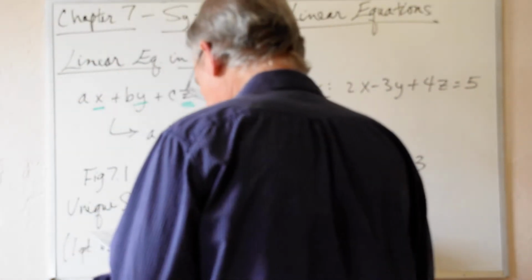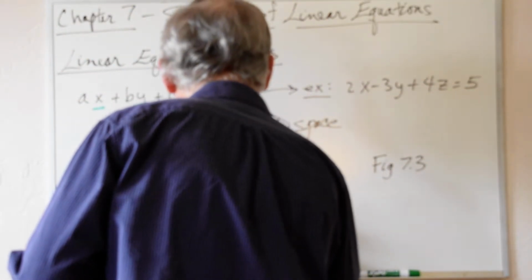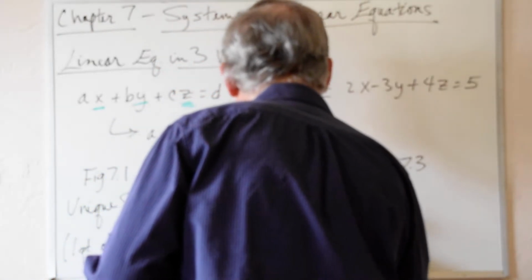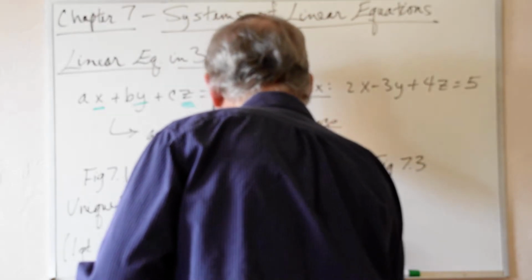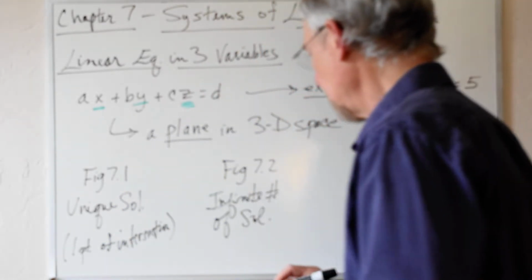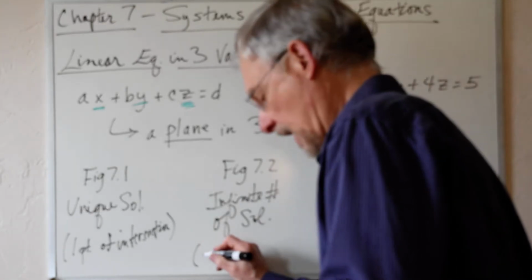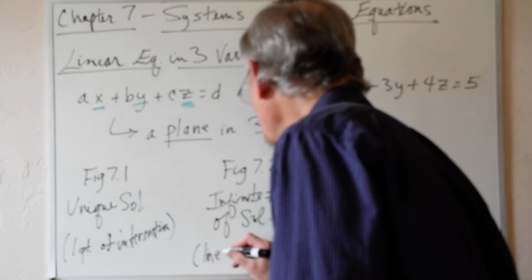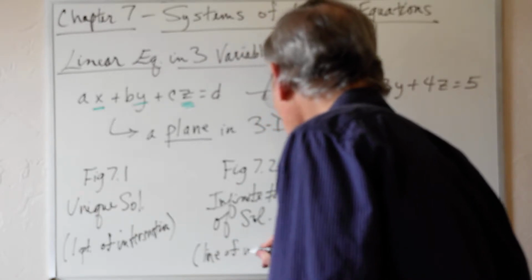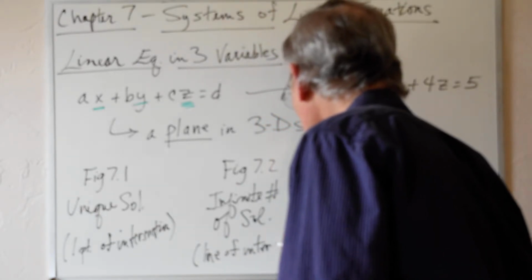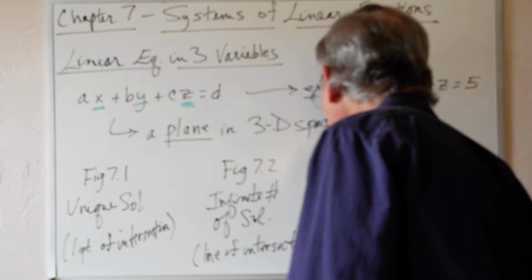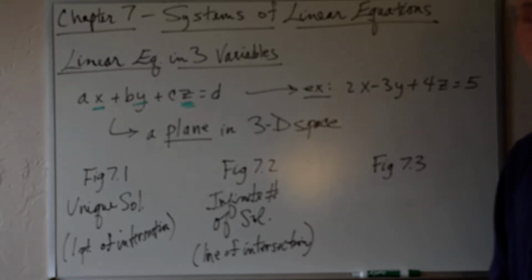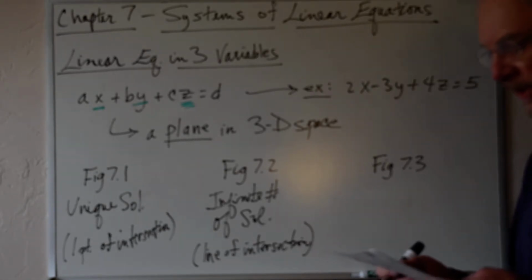You're going to have an infinite number of solutions. You're going to have a line of intersection between those three planes. So that's the second thing that can happen with any three planes floating around in three-dimensional space.